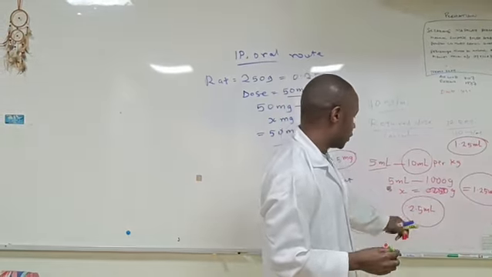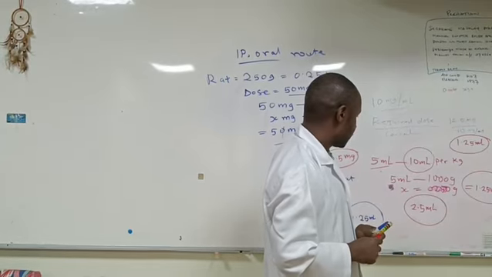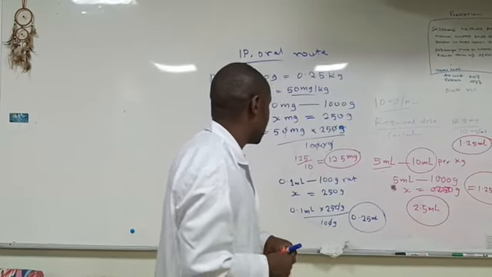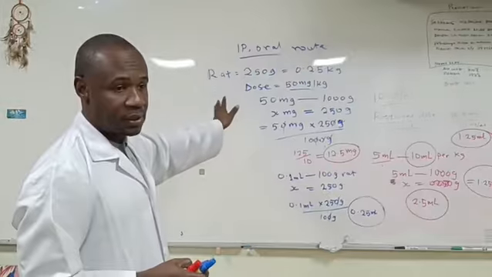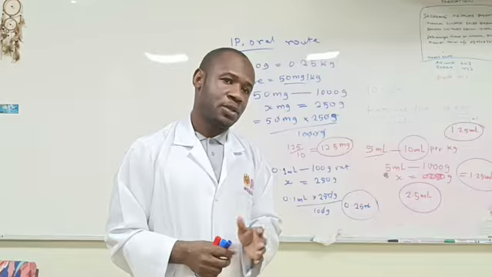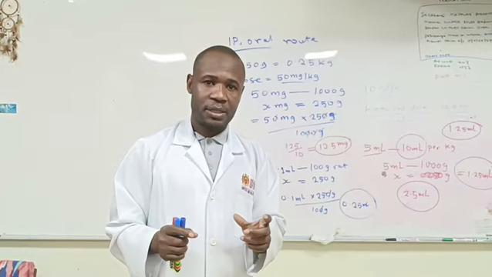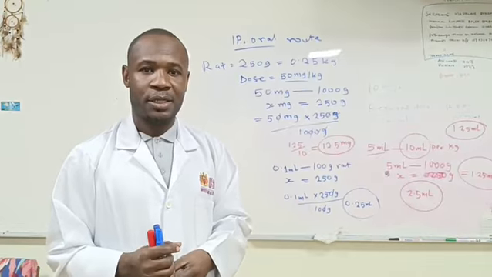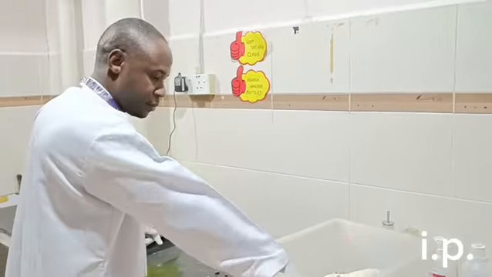It cannot go beyond this. So that is how to arrive at the oral volume, and then the other one is the IP administration. I think it is important now that maybe we just go and see the rats, then we see how to demonstrate the IP and then the oral administration. Thank you very much.